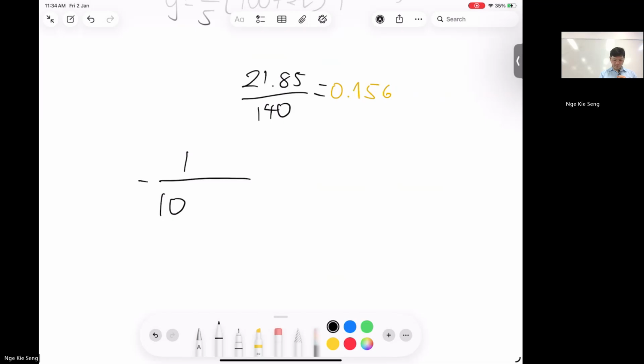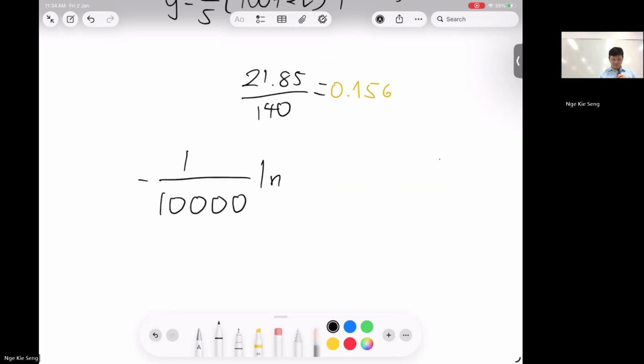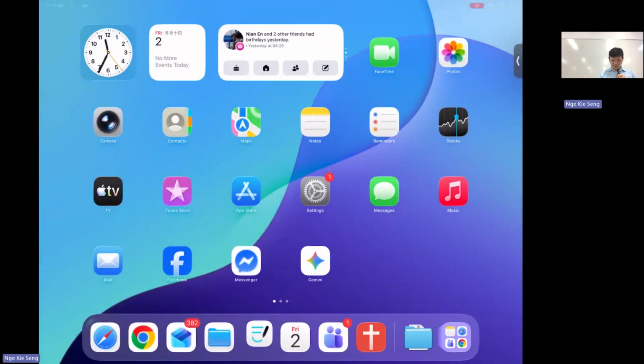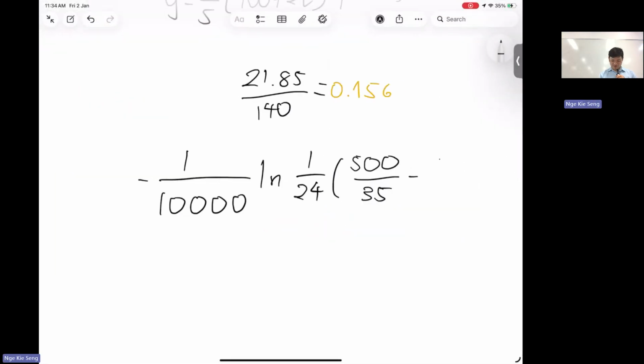Minus 1 over, and then ln, 1/24, multiplied by 20, 35, and then minus 1.